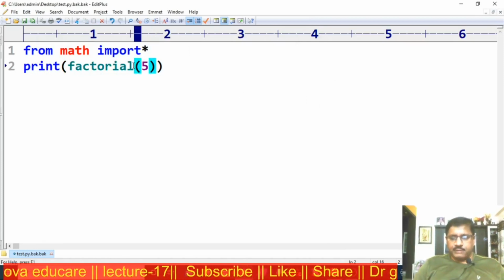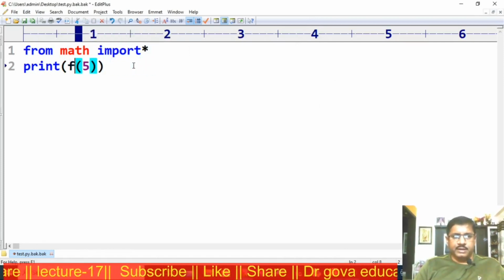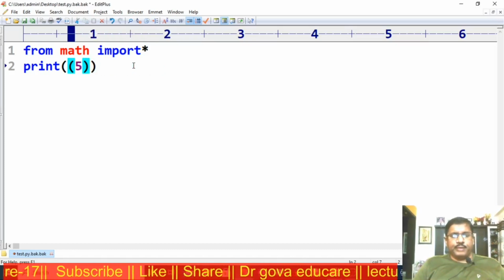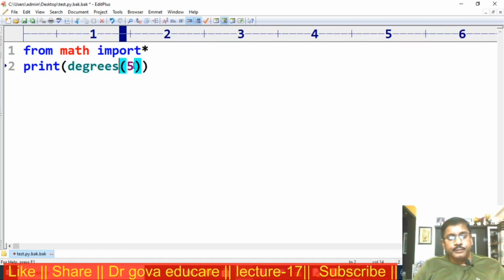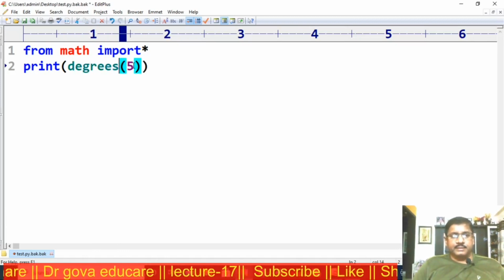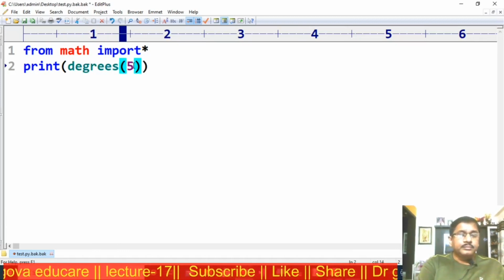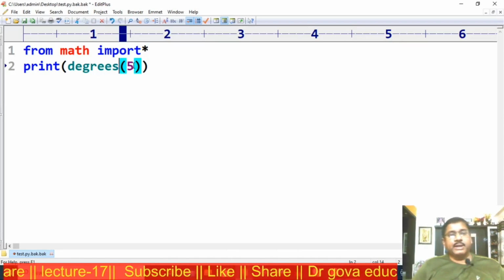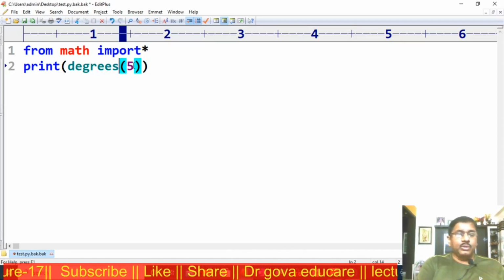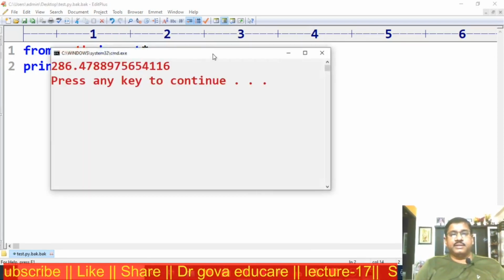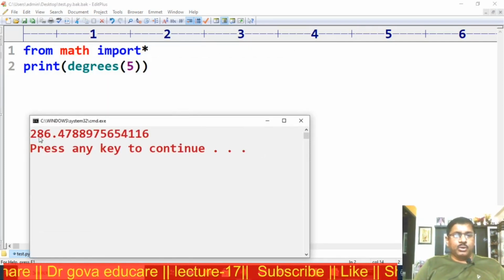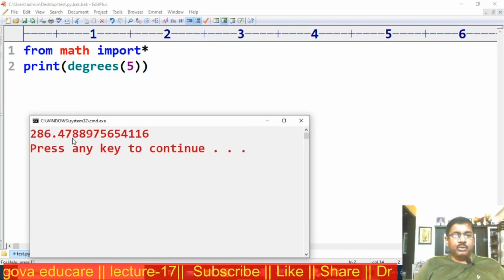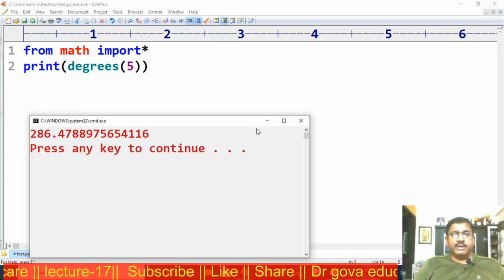Next, I want to convert 5 into degrees. Degrees of 5. Here 5 is in radians. I want to convert radians into degrees. Now 5 radians is equal to 286.47897 and so on.